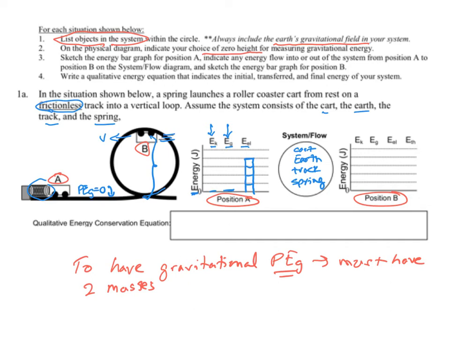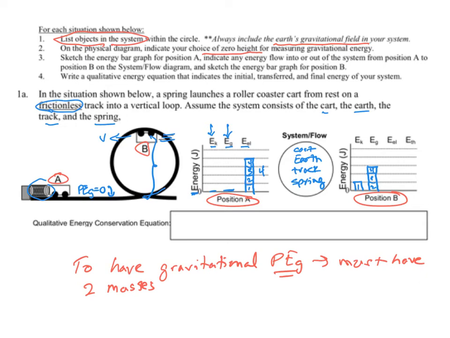I'm going to give it 1 bar of kinetic, which means there must be 3 bars of gravitational. The number 4 here, these 4 bars, 1, 2, 3, 4. I have to have 4 bars over here, 1, 2, 3, and 4. Okay, so I want to make sure it balances out.